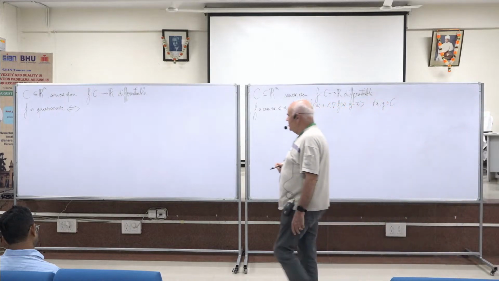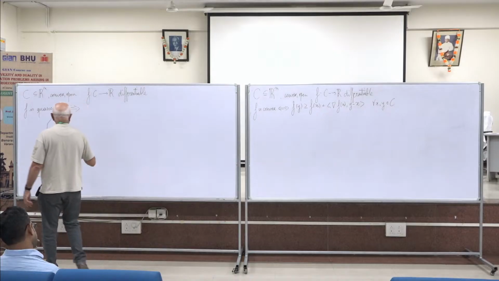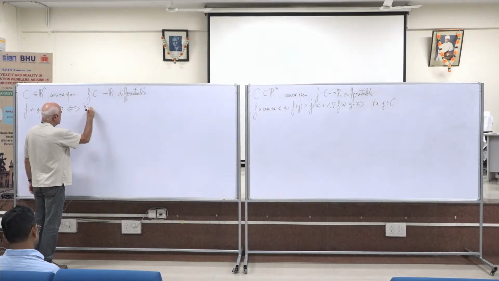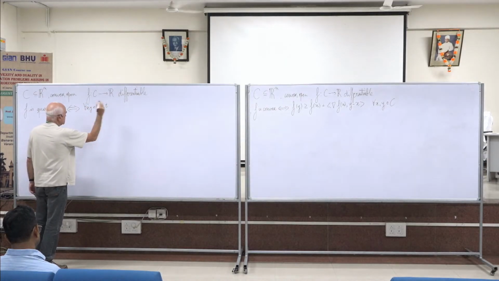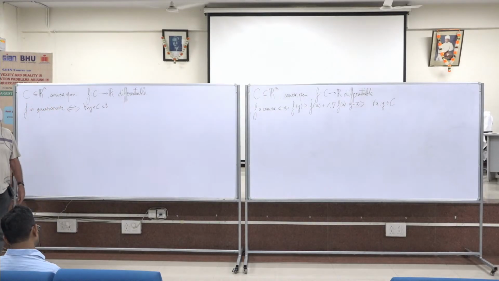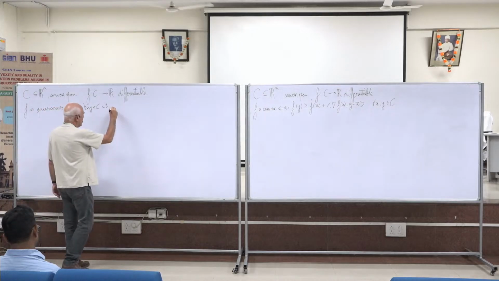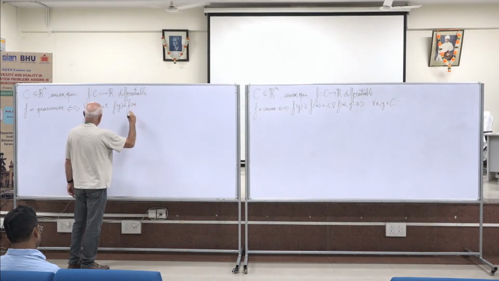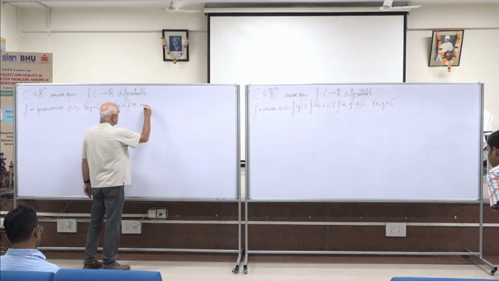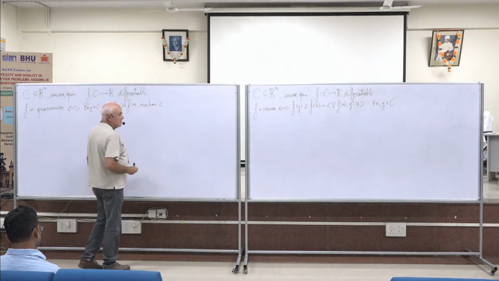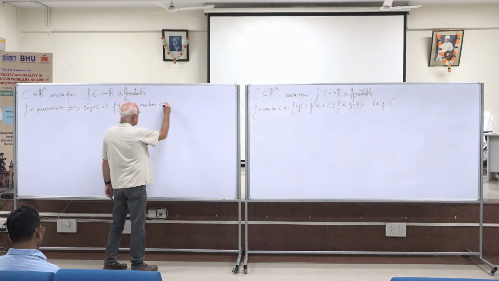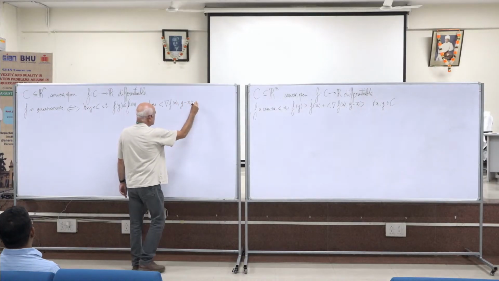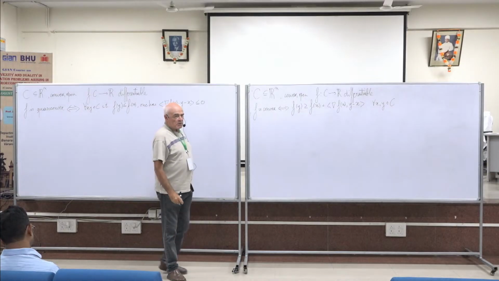Well, the situation here is different. For every x, y in C such that f of y is less than or equal to f of x, one has the gradient of f of x inner product y minus x is less than or equal to 0.